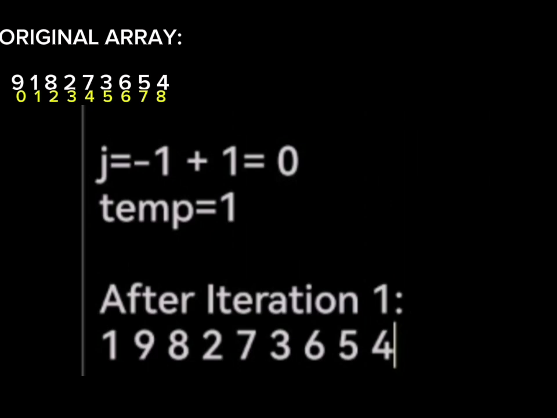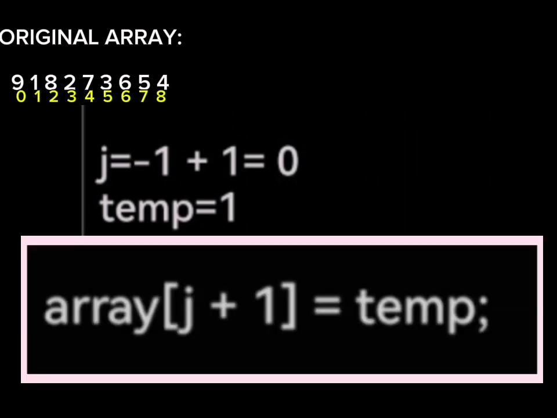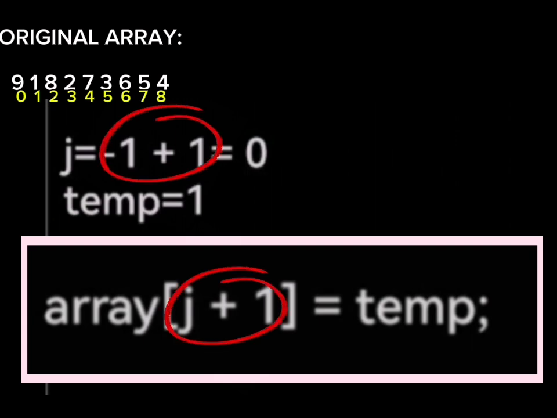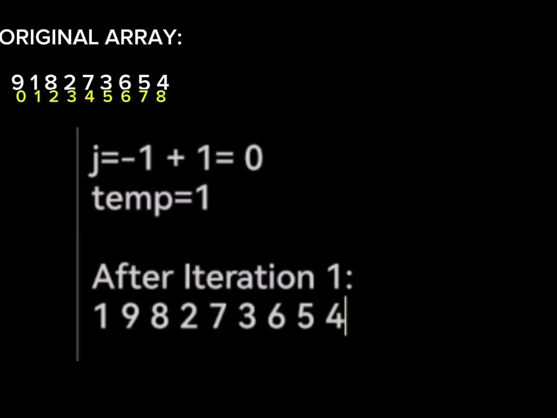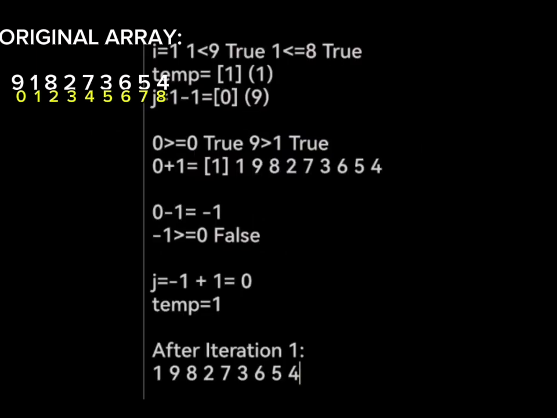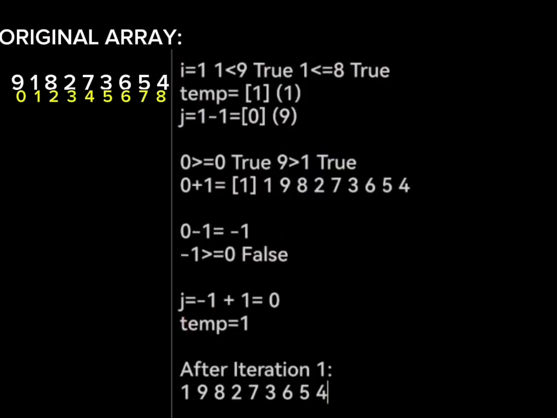We have here the insertion now. Negative 1 plus 1 equals to 0 and array[j+1] is equals to temp, which is 1. So dito, ibig sabihin po ay yung ating temp, which is yung 1, ay ilalagay po natin doon sa index 0. So after that, we will now proceed for the printing.